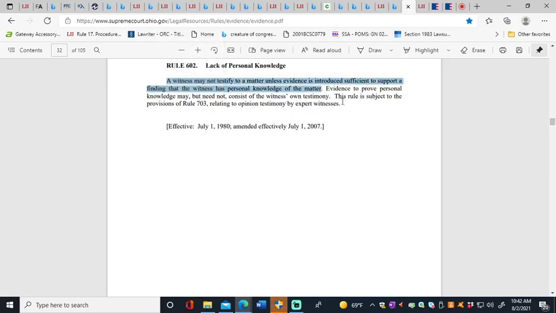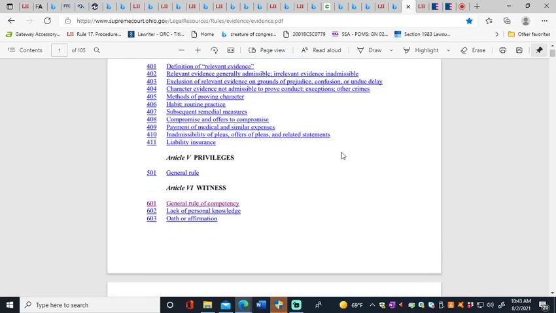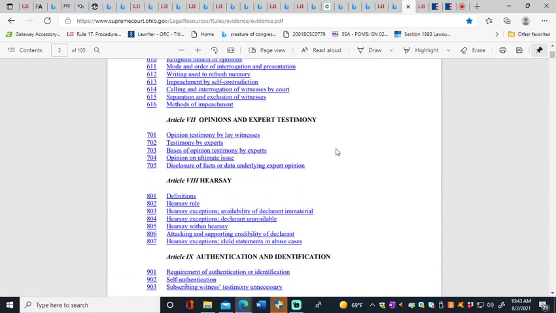Evidence to prove personal knowledge need not consist of the witness's own testimony. The rule is subject to the provisions of Rule 703 relating to opinion testimony by expert witnesses. So we've got to understand that expert witnesses are experts in their field of study where they can talk about particular information.